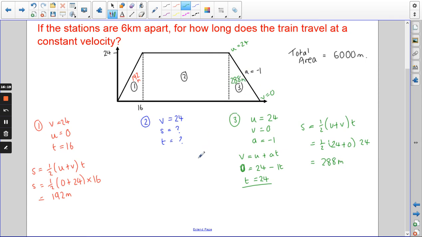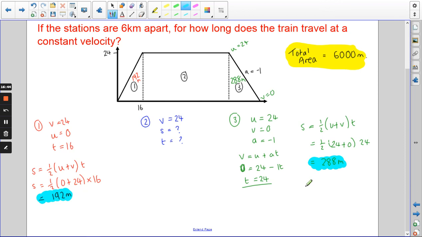Okay, does that help us then on section 2? It does, as long as you haven't forgotten that we know this: that the total area of the whole graph, the total displacement, is 6,000 meters. Well, we've got 192 meters in section 1 and 288 meters in section 3.